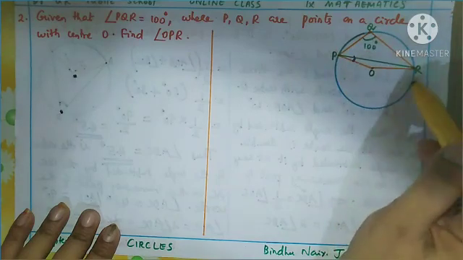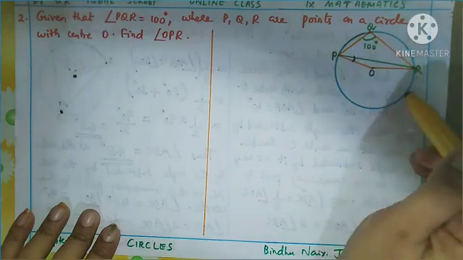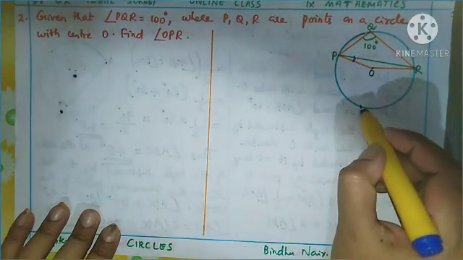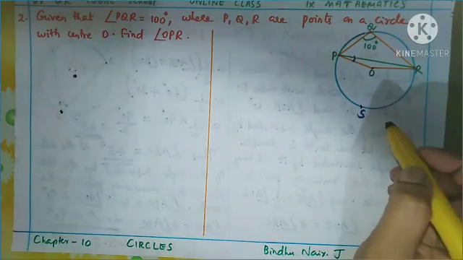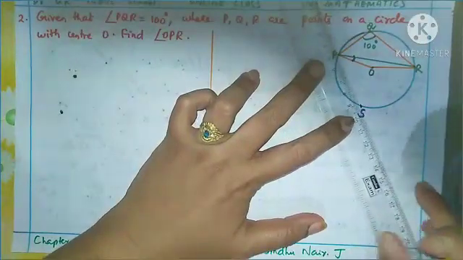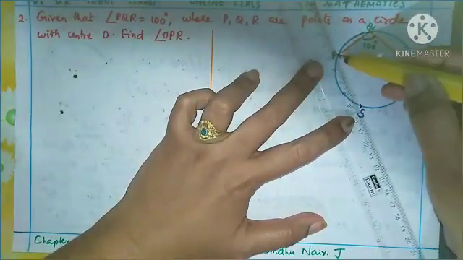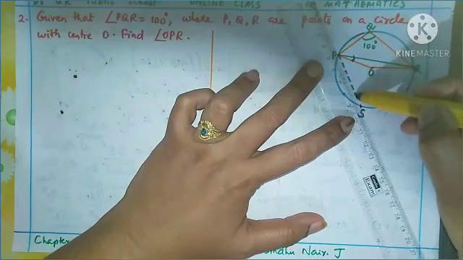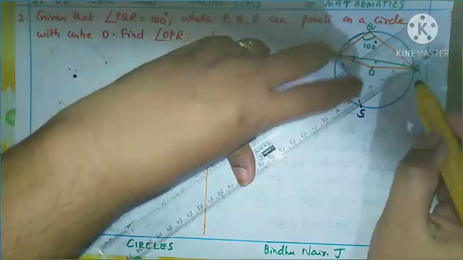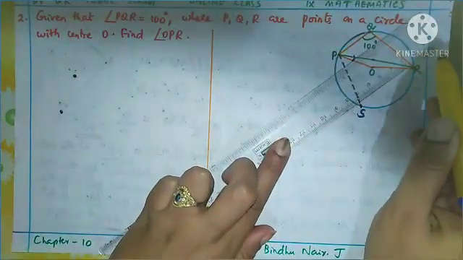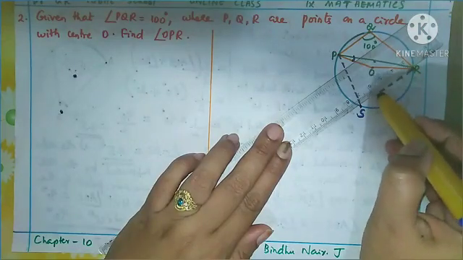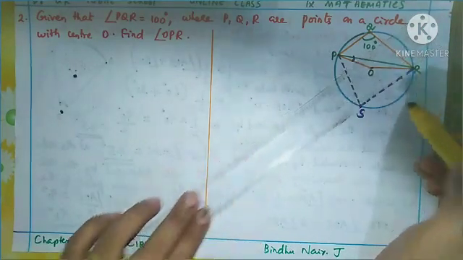So, on this major arc, I am going to take a point somewhere here, a point S, so that when I join PS and RS, this is the construction we are doing to get our answer. When I join this RS, what can you say about this PQRS?